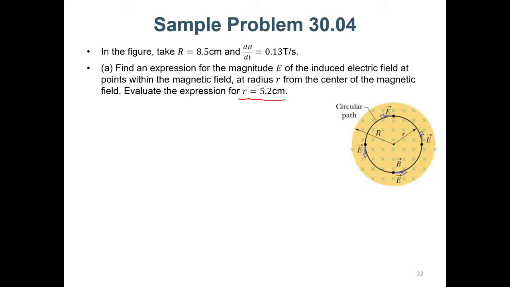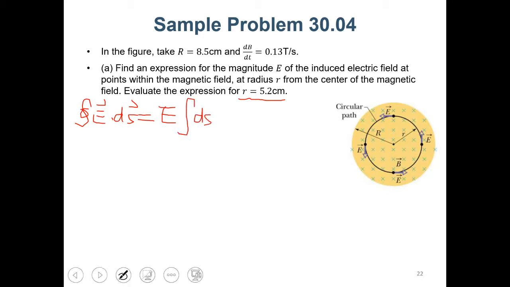Okay, so we can write the integral of E dot ds. E would be a constant because it is totally symmetric. So it is nothing but E times the integral of ds, which is just E times 2 pi r.